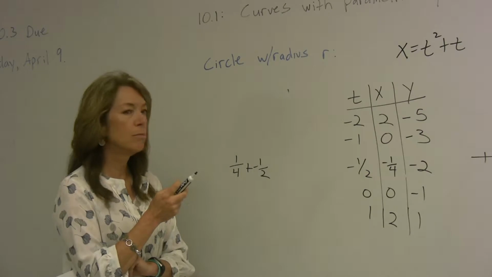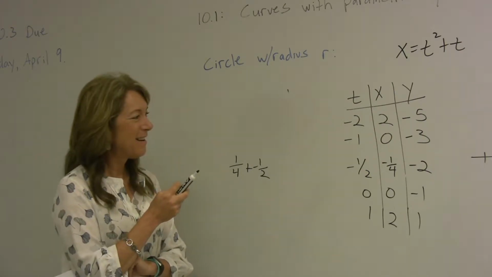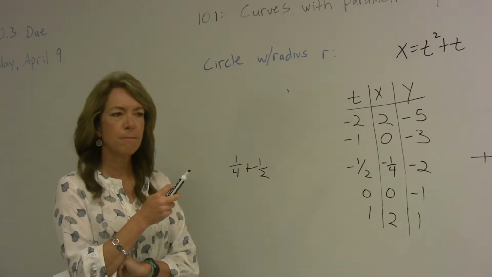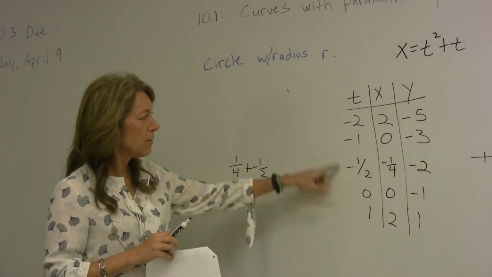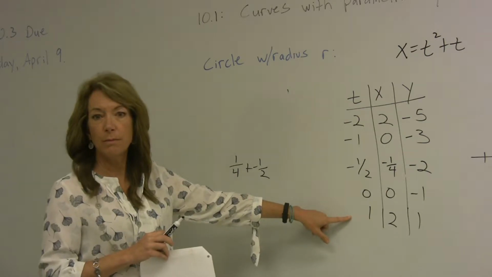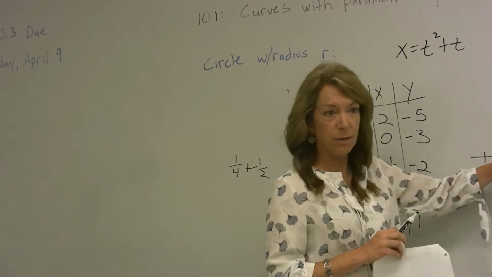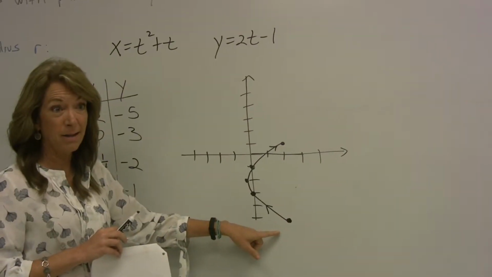What kind of t's would give us more information here? 3 and 4? Remember when we were picking t's, we started at -2 and we went up to 1. So we either need to know what happens after this point or before this one, right?